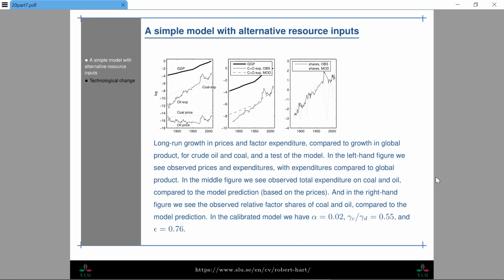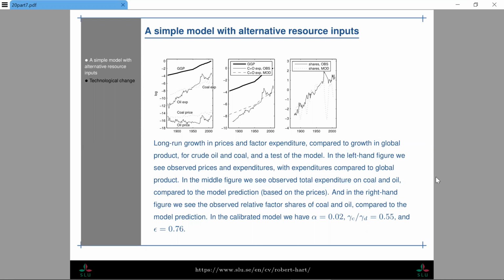As oil gets cheaper, we shift massively into oil and we spend more on oil. Epsilon is bigger than 0. Then when the oil price rockets, of course, short run inflexibility kicks in. There's no short run in this model at all, okay? So the model can't cope with that at all.